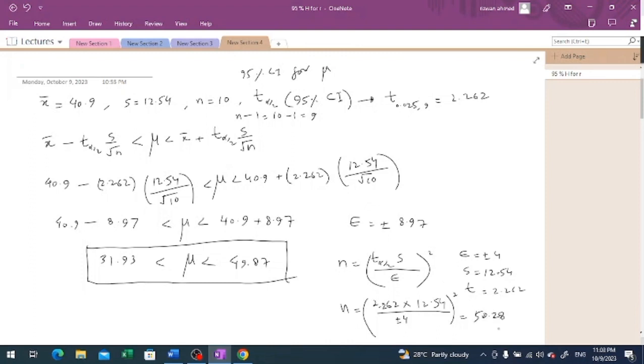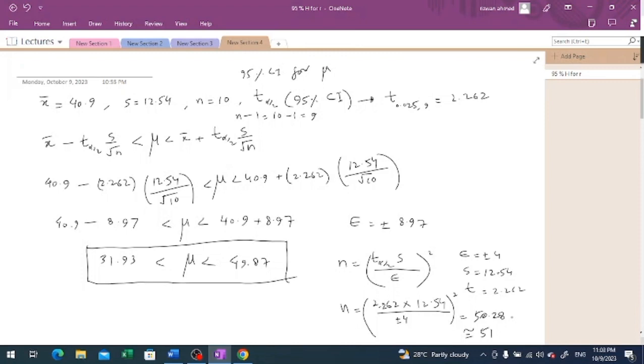And as we all know that sample sizes are to be rounded off to the next whole number, so we in fact round it off to 51. 51 is the sample size desired to have the margin of error of plus minus 4.